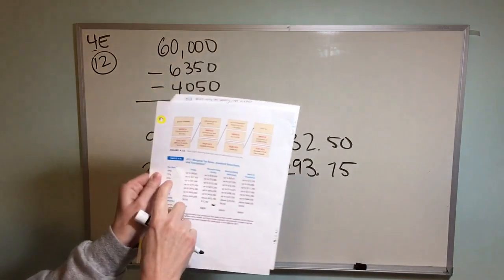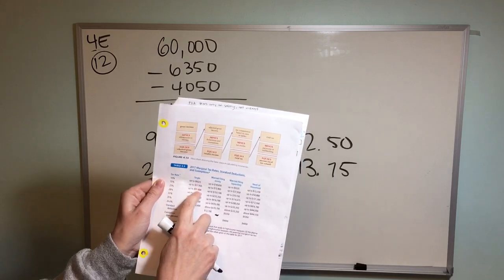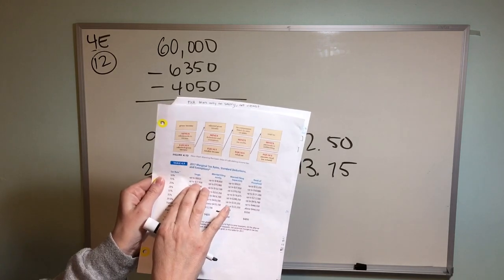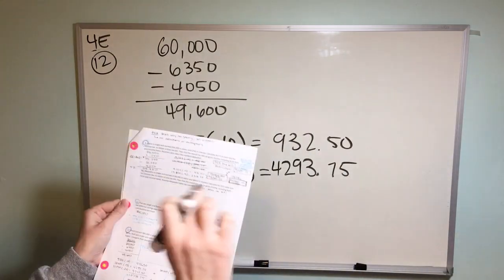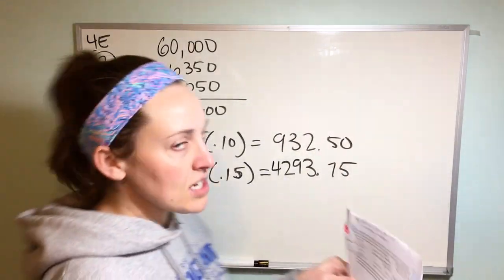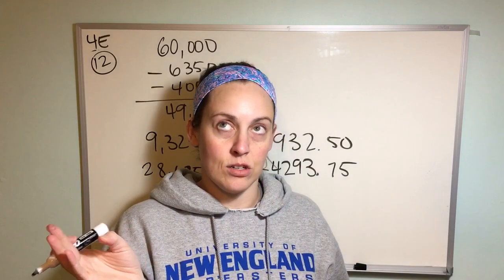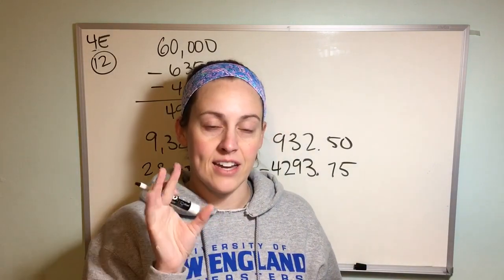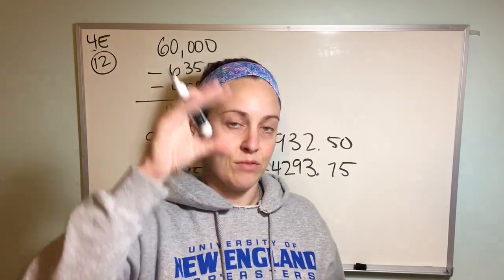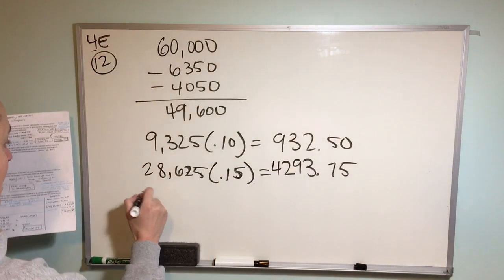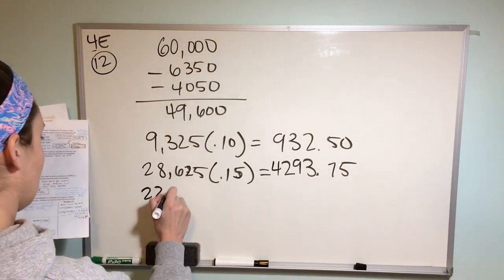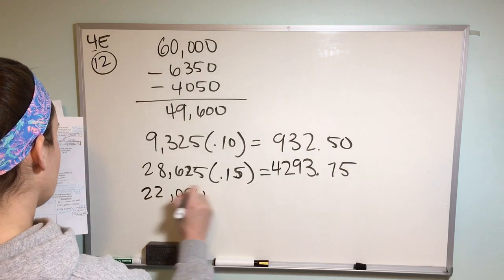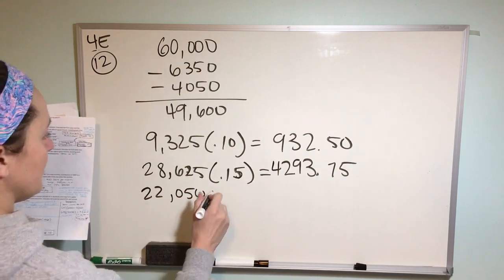Okay, but he makes $60,000 total. So now I need to get him into this bracket. So I'm going to say 60,000 minus 37,950 to get that next chunk of money. Again, if you're wondering what I'm talking about with these chunks of money, go back to part 1 of 4E and number 5A. I really break it down for you in there. The next chunk of money, the 60,000 minus the 37,000-ish number, will give us $22,050.